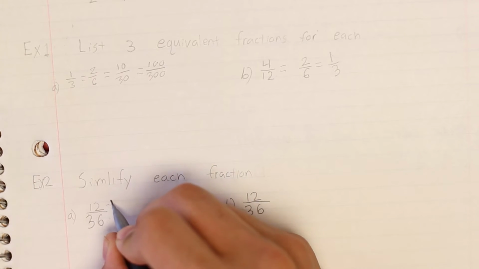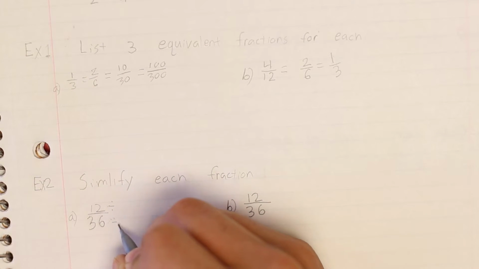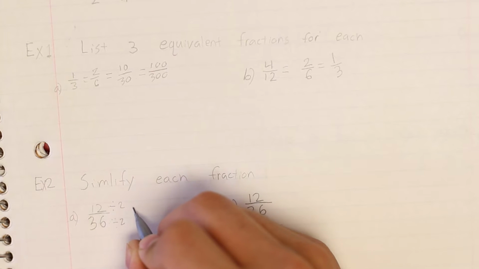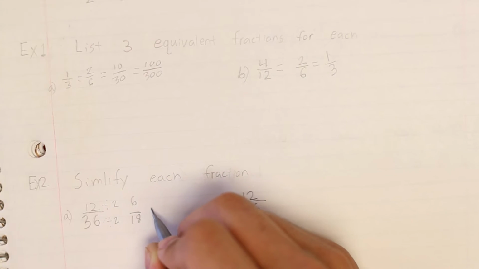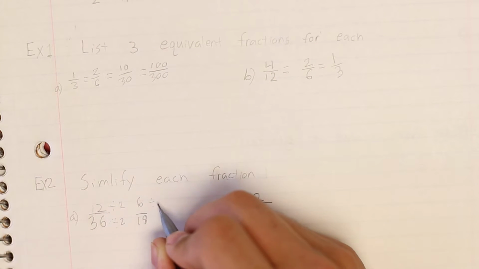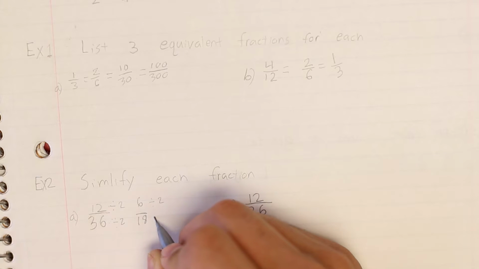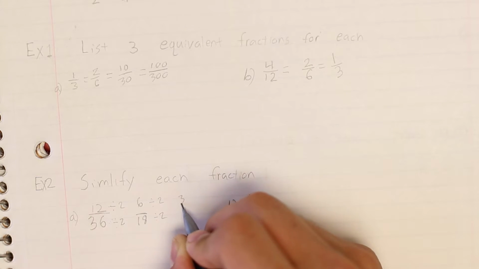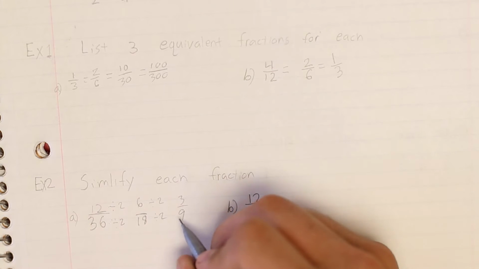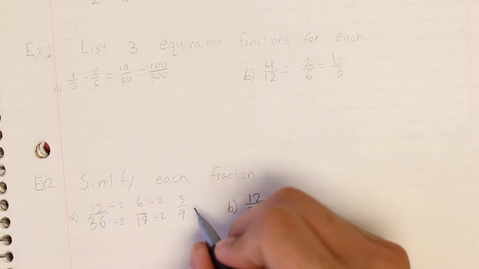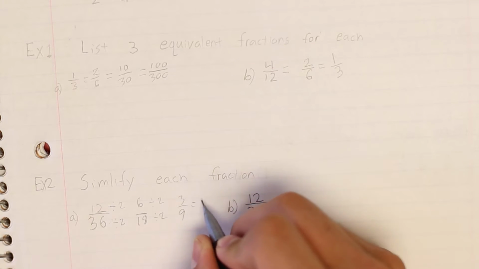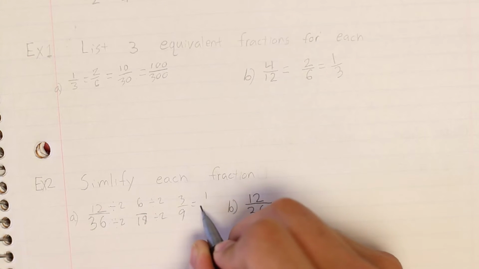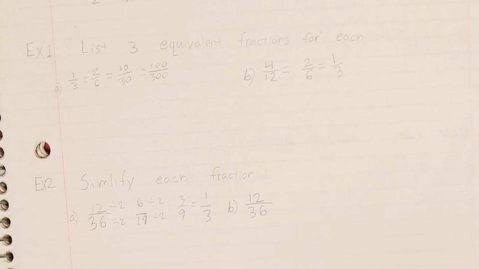And you could divide both the top and bottom by 2 to get 6 and to get 18. Then you could divide again by 2 to get 3 and 9. And then you'll notice that 3 goes into both of those numbers. 3 goes into this one time. 3 goes into this one 3 times. So you have 1/3.